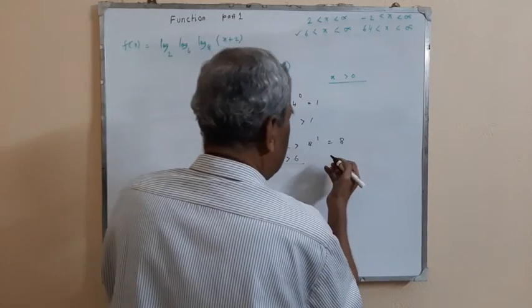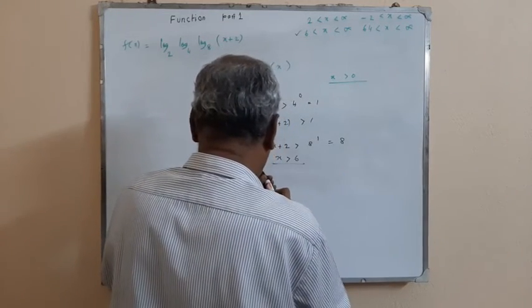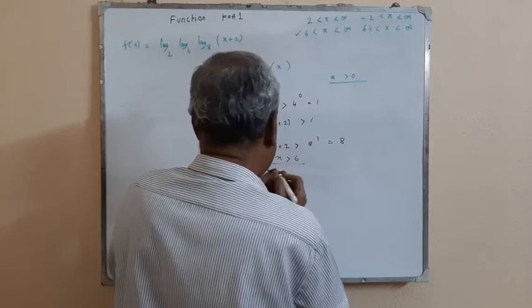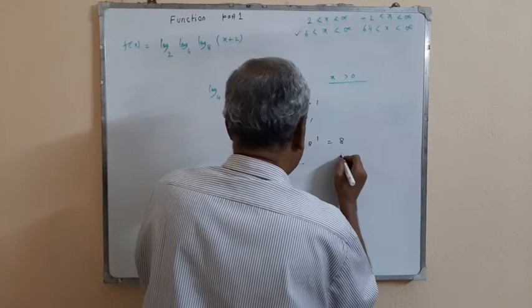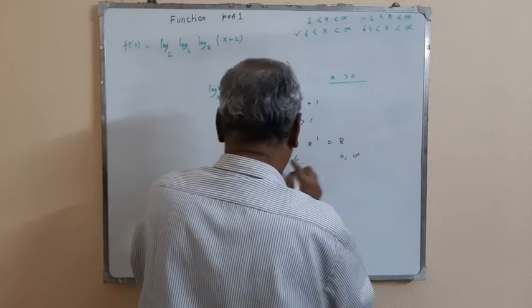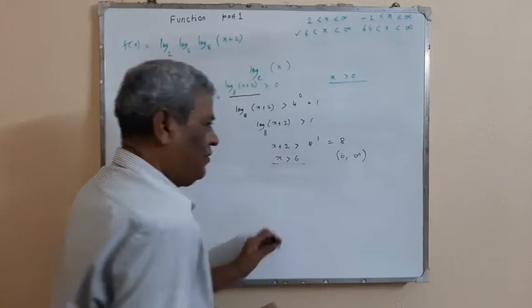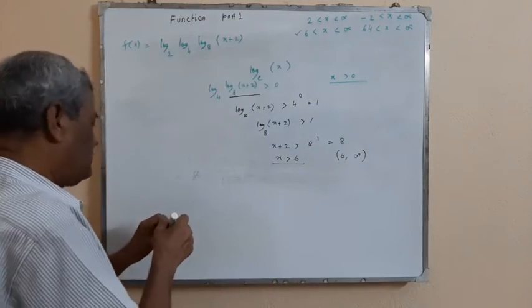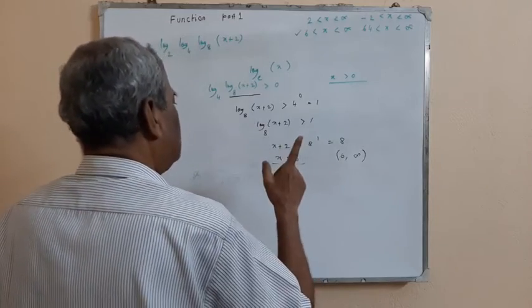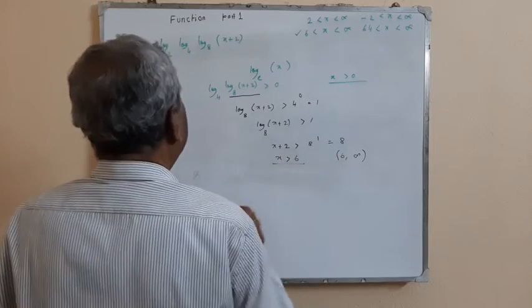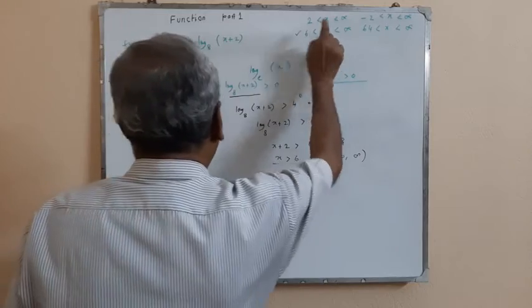This can be written as 6 to infinity, greater than, not equal to, both are open intervals. The option may be written like that, but in this case, this is the correct option.